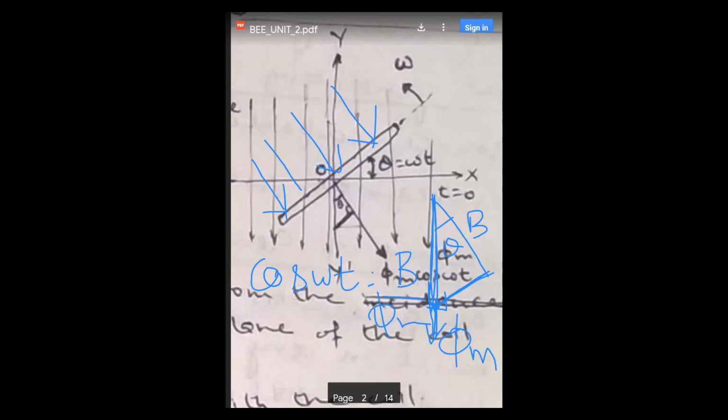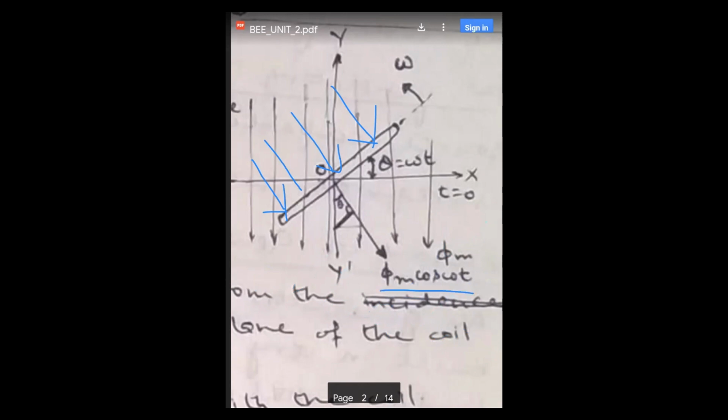This base is phi m cos omega t. So this is what we have derived: the perpendicular flux associated with the new position of the rectangular coil. Now we can calculate the EMF easily.